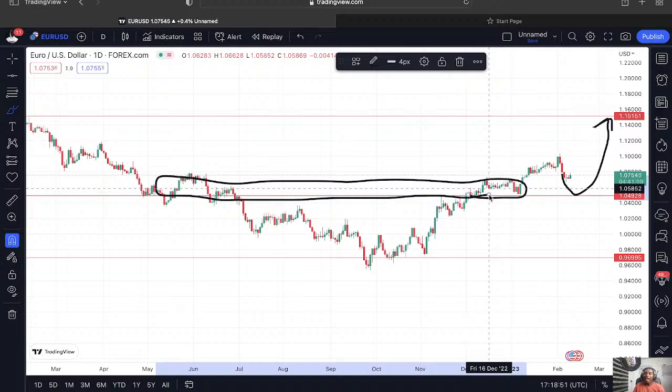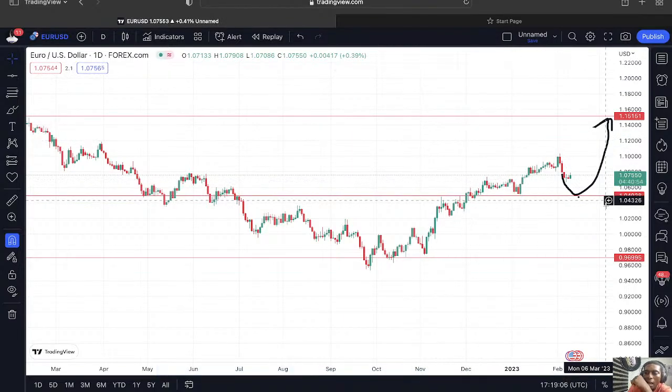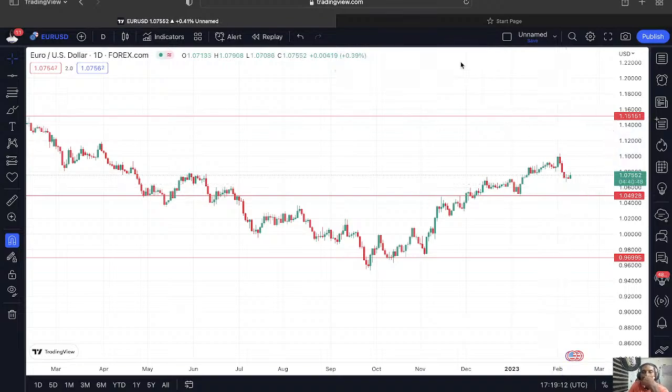That brings the tendency of price coming to test this support level, to check if the support level is still solid and strong enough.